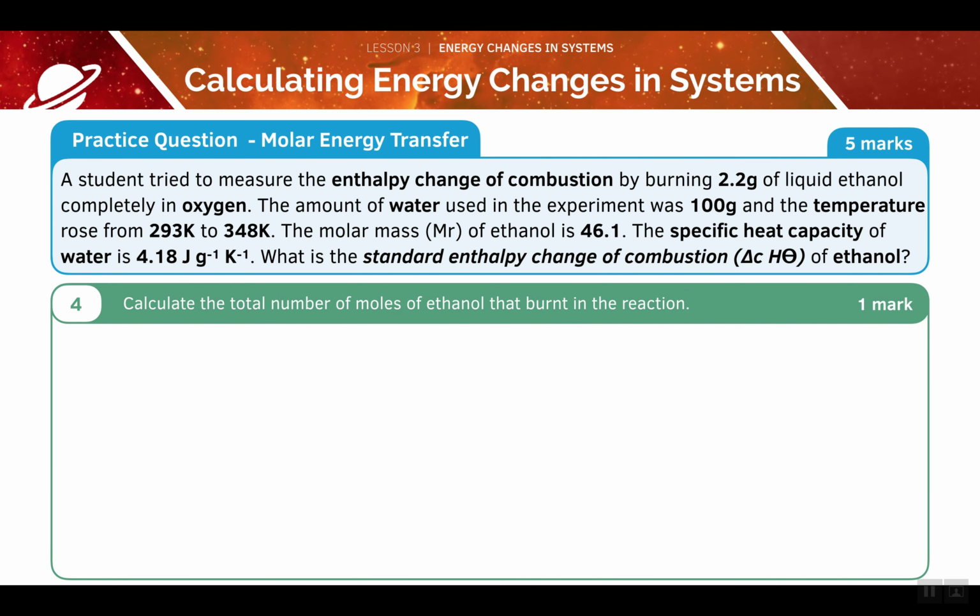Now we will calculate the total number of moles of ethanol that was burnt in the reaction. To find the number of moles, we use the formula we learnt earlier. So here we need to do moles is equal to mass divided by Mr. So we know that our mass is going to be equal to 2.2.